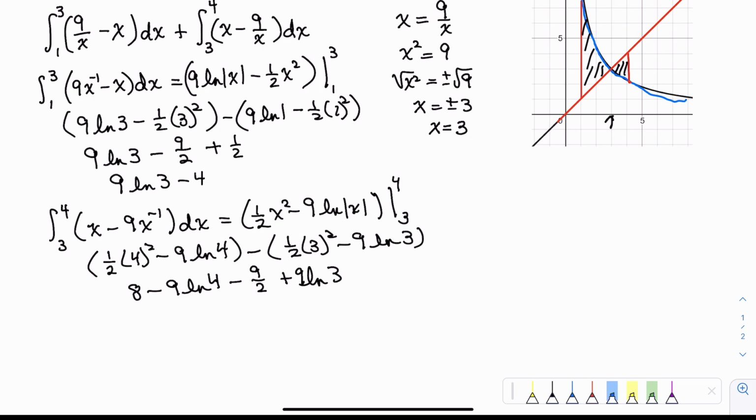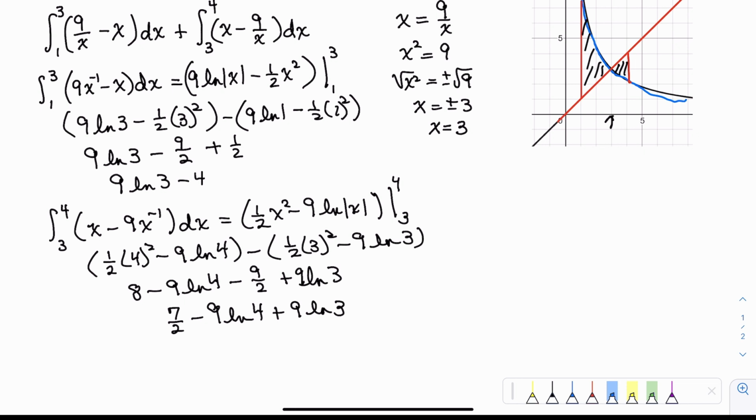Here I'm going to look at the 8 as 16/2, and 16/2 minus 9/2 is 7/2. So I have 7/2 minus 9 times the natural log of 4 plus 9 times the natural log of 3. Now what we need to do is add this to our other area region.